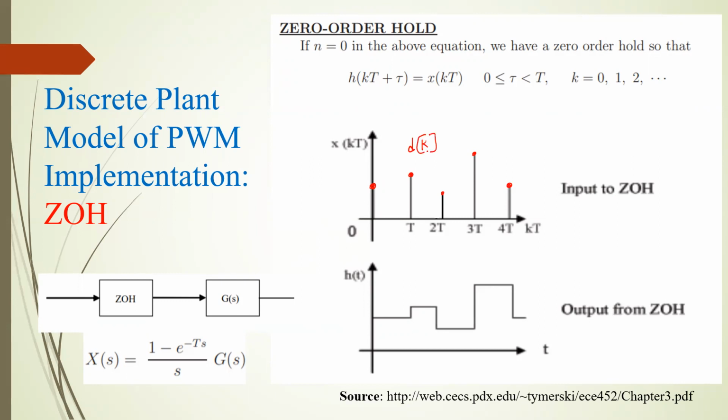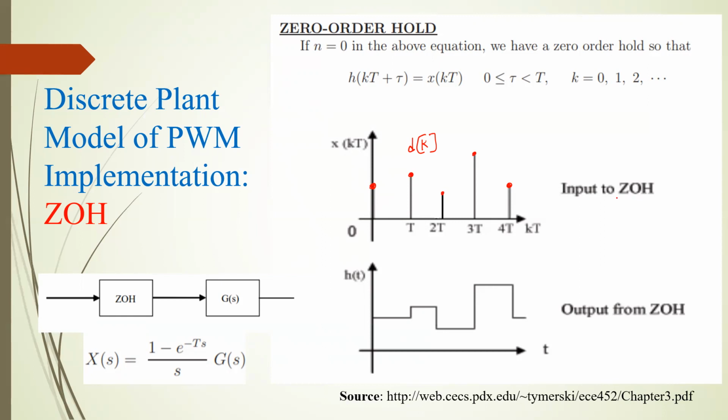We know that the output of the current control loop is the duty cycle. If we get the duty cycle in discrete form, we cannot give it to the PWM implementation, as this will be a disaster. We need to give a continuous signal to the PWM implementation. Hence we need to generate a continuous time signal from the discrete time signal.